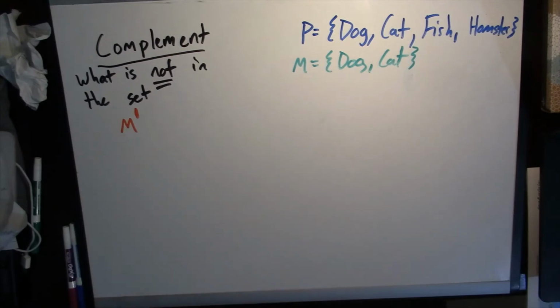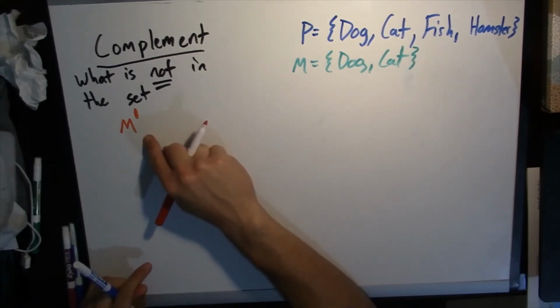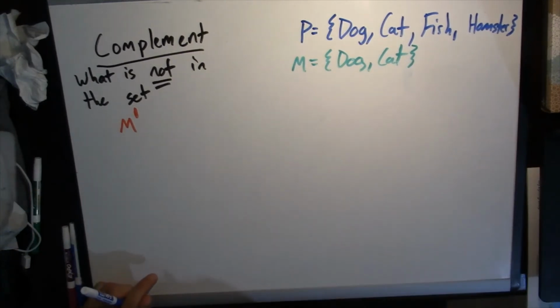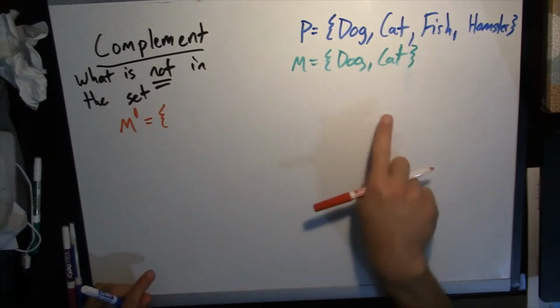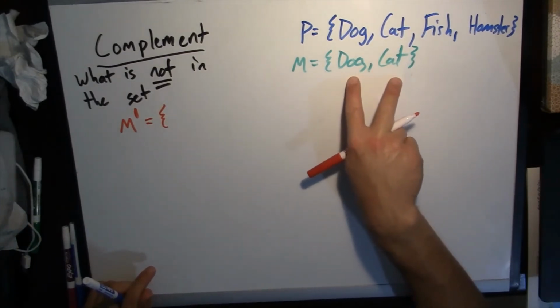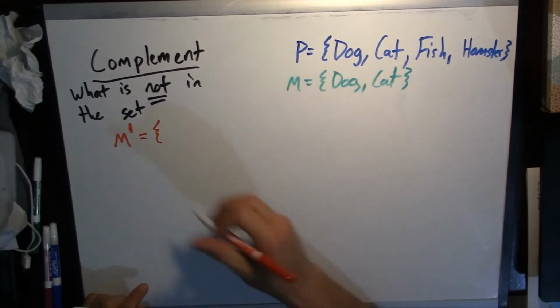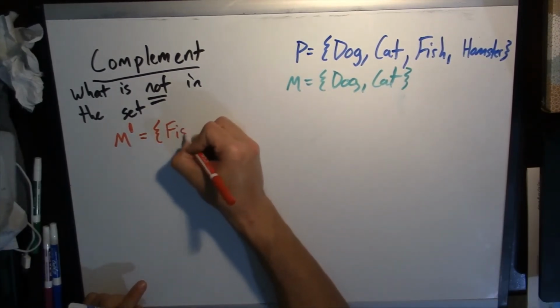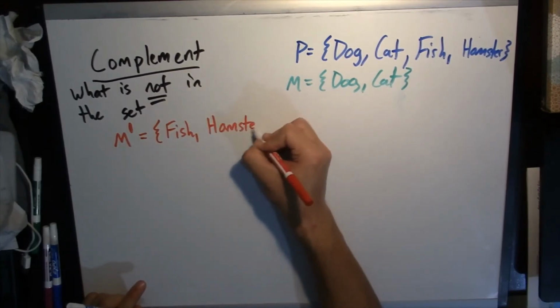It's the same terminology. So M prime, which is the complement of M, means what is not in M? We have dog and cat in M, so what's not in M is fish and hamster. So the M complement would be fish and hamster.